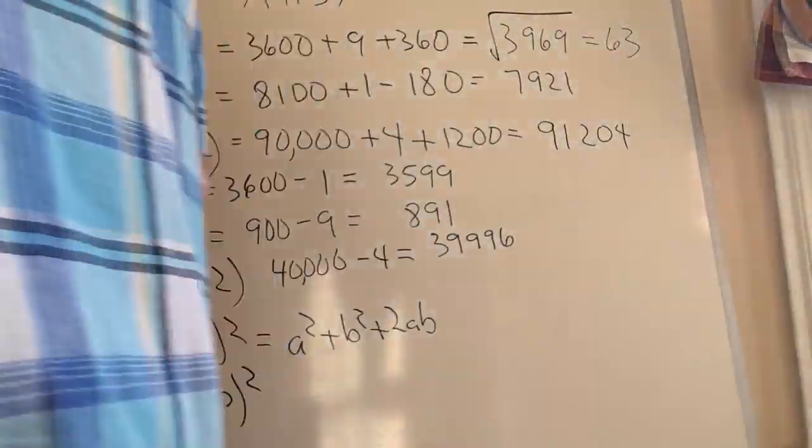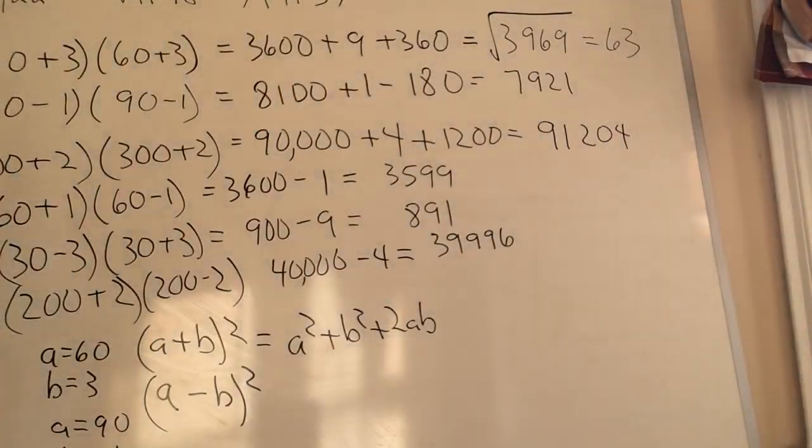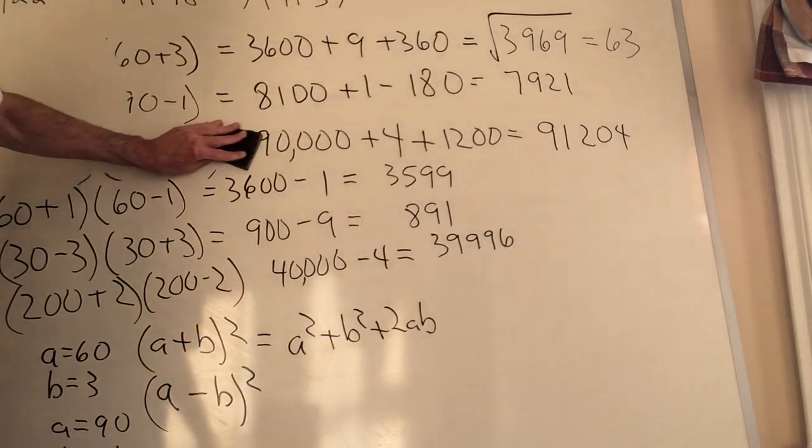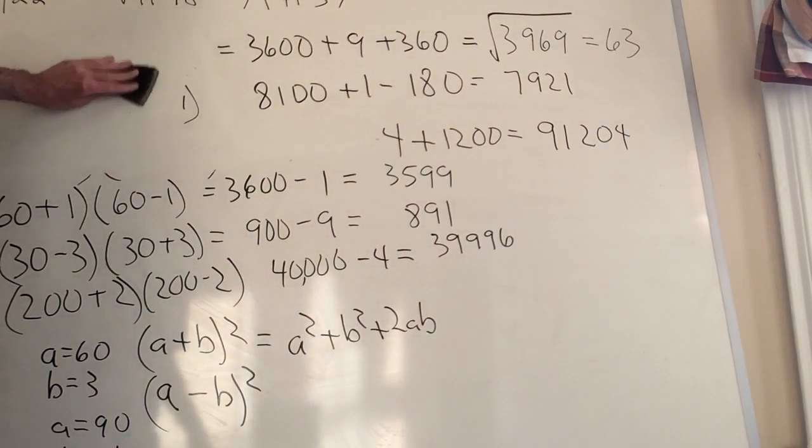And then I go on to the second class, and I want to erase these guys on the top. Okay, so I go on to the second class of just number problems, right?